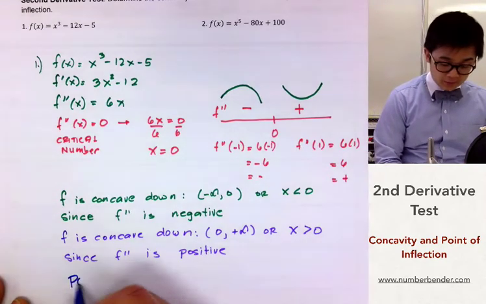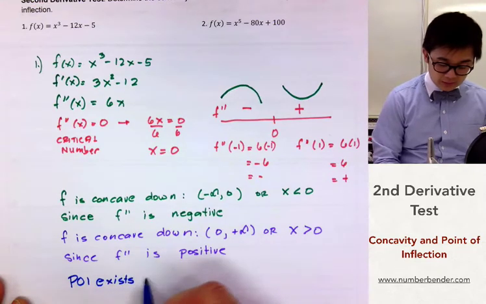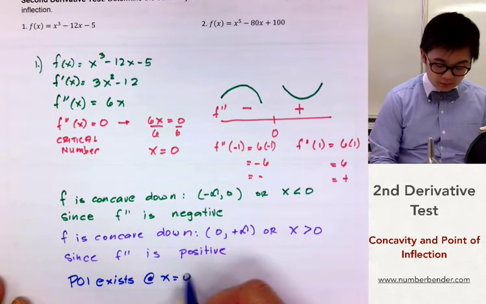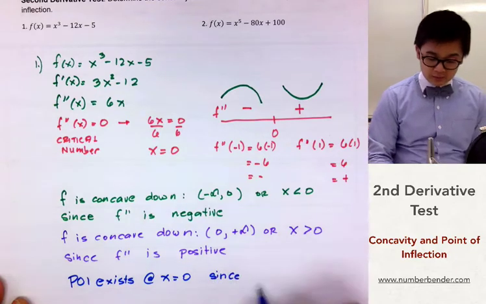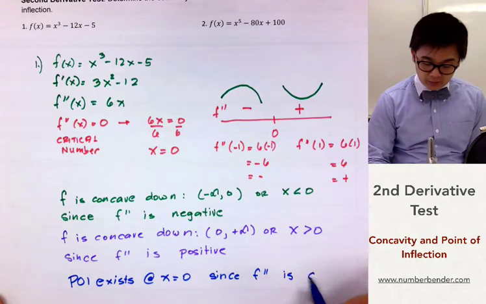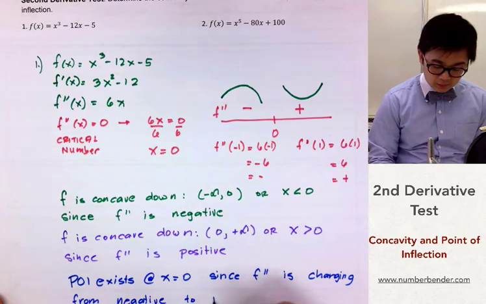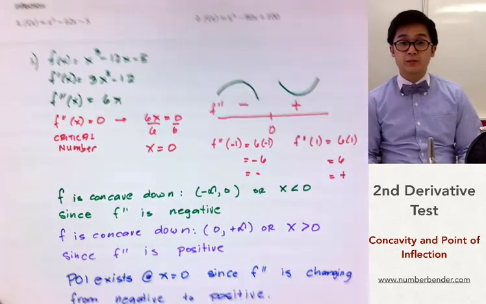So POI, or point of inflection, exists at x equal to 0 since f double prime is changing from negative to positive.